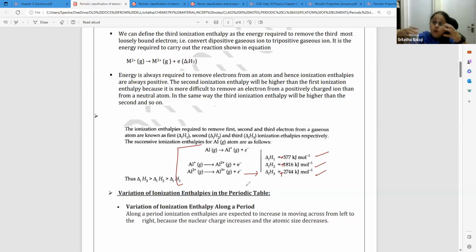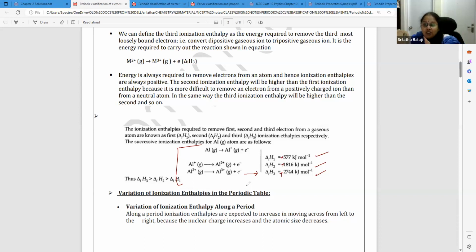You are spending so much energy to remove the third electron, which means it's difficult to remove that electron. You are spending only 577 kilojoules to remove one electron, right? Then 1816 for removal of the second electron. 2744 for removal of the third electron. So the removal of the third electron is more difficult than removal of the second electron, than removal of the first electron.